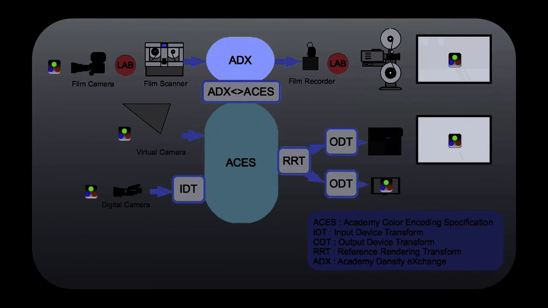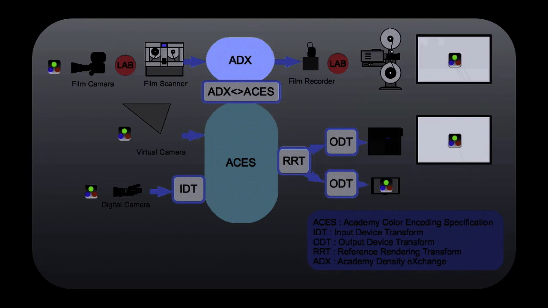Something that is important too is that with the ADX, we also have management for film. Until now, with the DI workflow, we used to use the output color space, the film lab color space, as the reference, and not really manage the input. In this case, everything is mapped to the ACES, meaning there is a reverse engineering made of the film scanner, the film stock, and the film camera to get back the colors of the original scene.